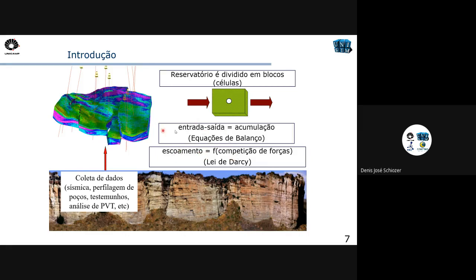Okay, so each of these blocks will have fluid coming in and fluid coming out from the surface, or even from the wells if they're there.